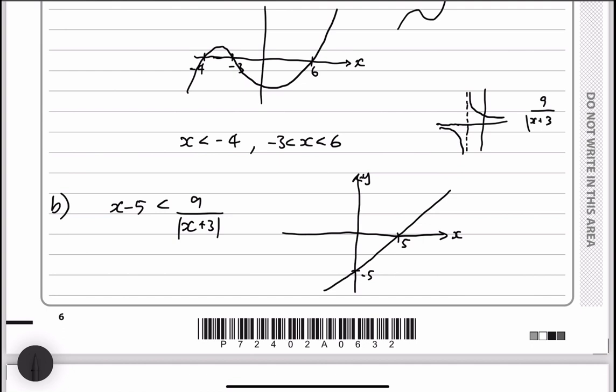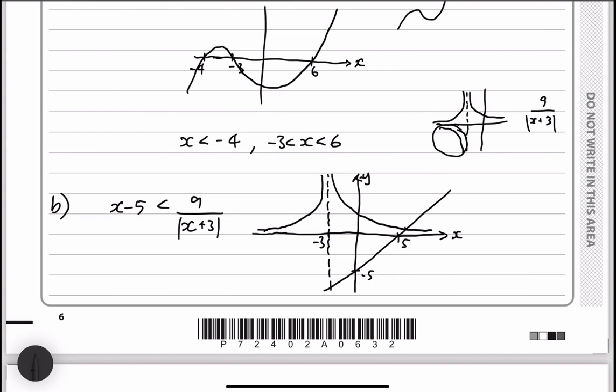However, if I put a modulus on there, then this bit here on the bottom reflects up here like this. So what I've got is the asymptote still at minus 3, and then a graph that comes down like this and down like this. And the question is, when is the line less than the curve, or lower down than the curve?